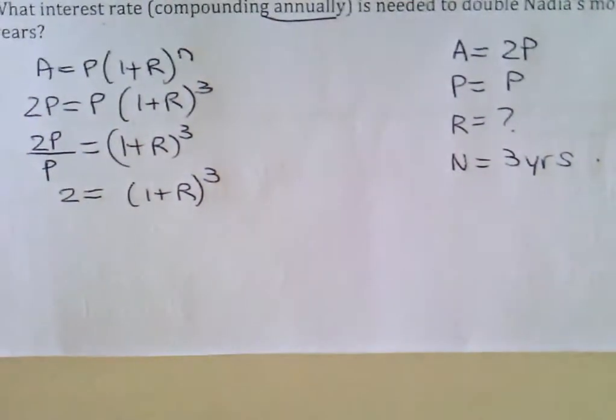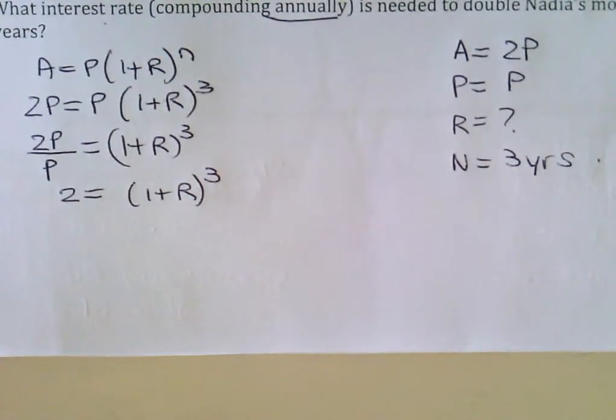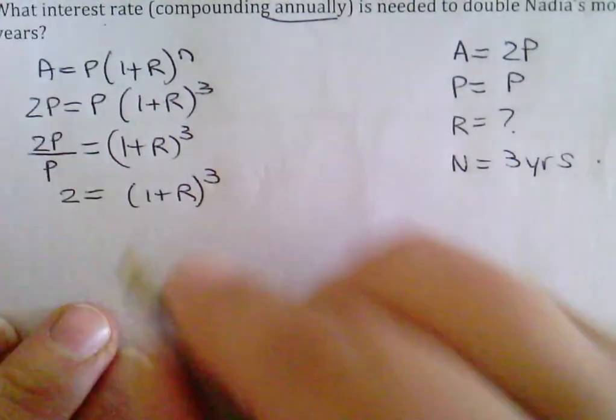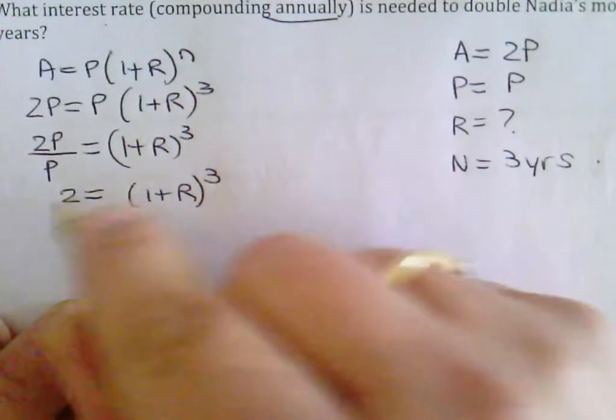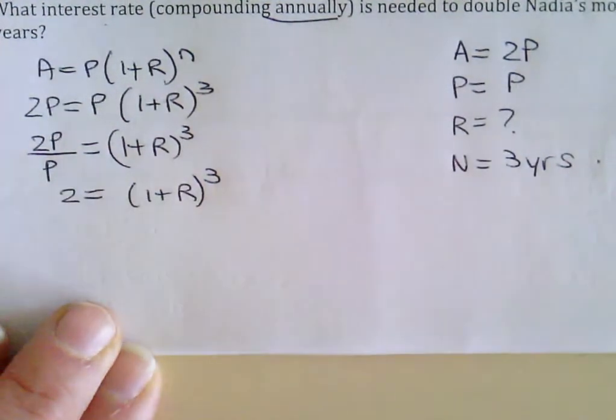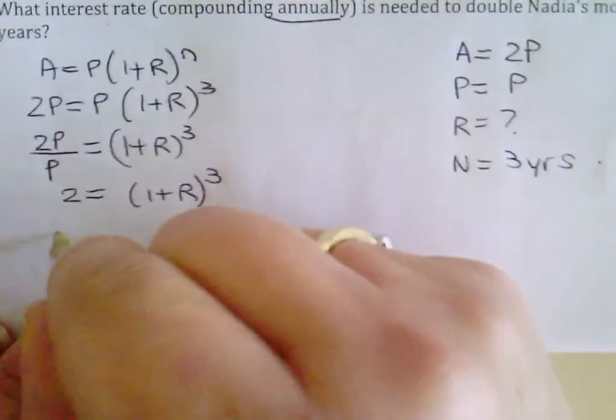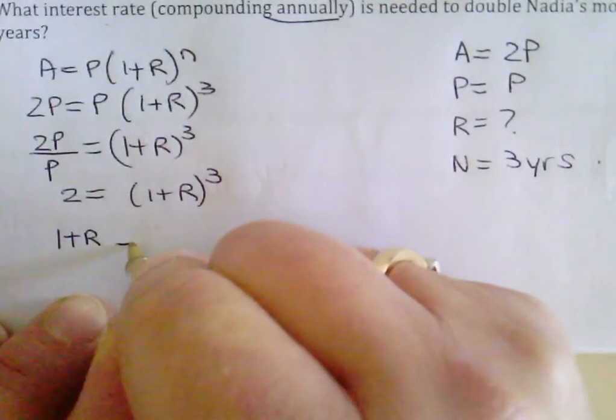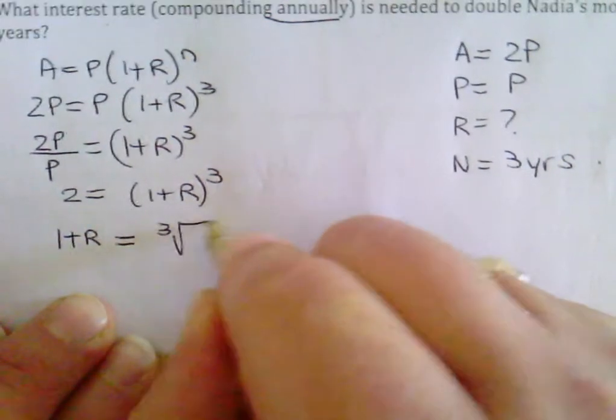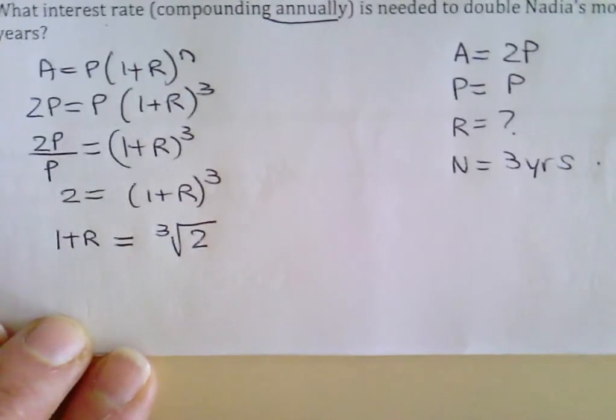Okay. What's the opposite of cubing? Right idea. Opposite of squared is square root. Opposite of cubing is cube root. So, something cubed is 2. I wouldn't be guessing here, way too hard. 1 plus R equals the cube root of 2.